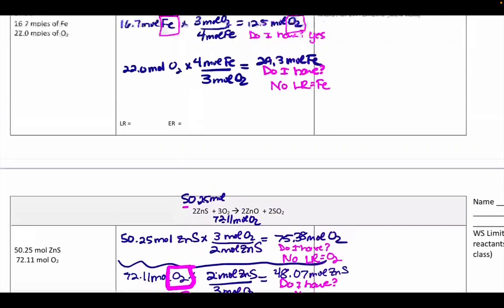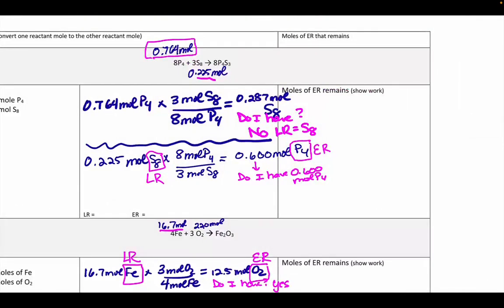So then to do that other column, once you know which one is your excess reactant, you want to start with your limiting and convert it into your excess. So let's assume I didn't already do that. So I know my limiting in this problem is the sulfur.